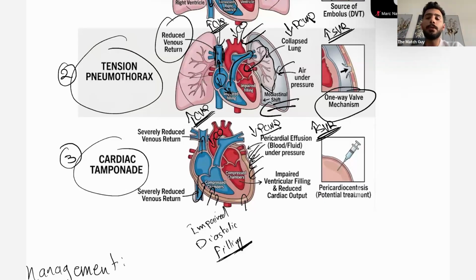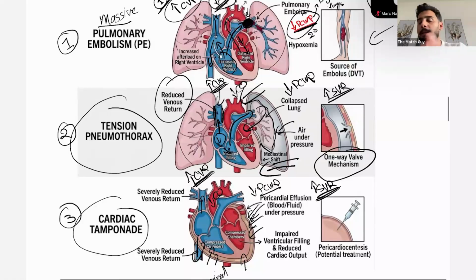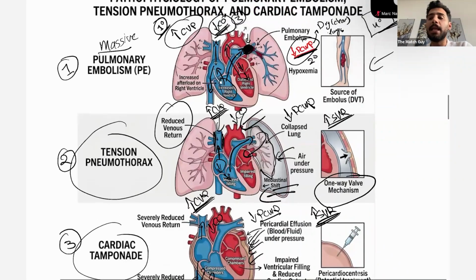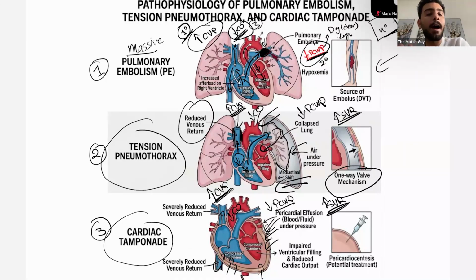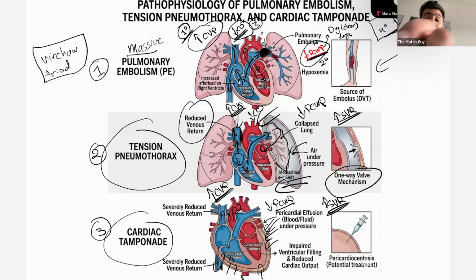Now, because this is a unique type of shock, some extra clues will help you to pinpoint what type of obstructive shock this is. In pulmonary embolism, usually you're going to have a characteristic trigger, like what we call the Virchow triad, which is basically all of the factors that increase the risk of hypercoagulability.